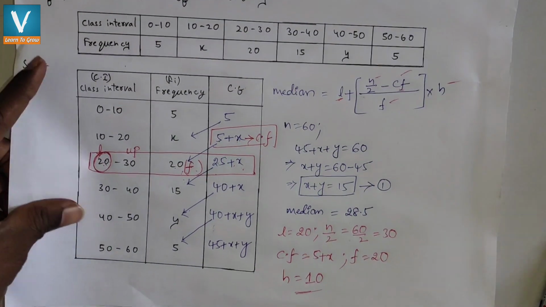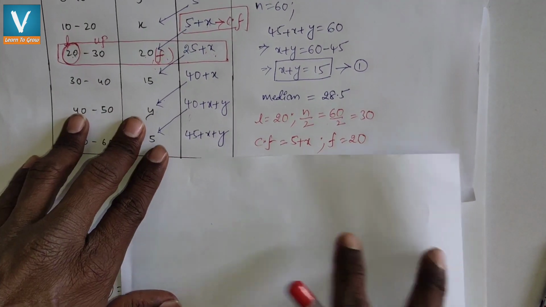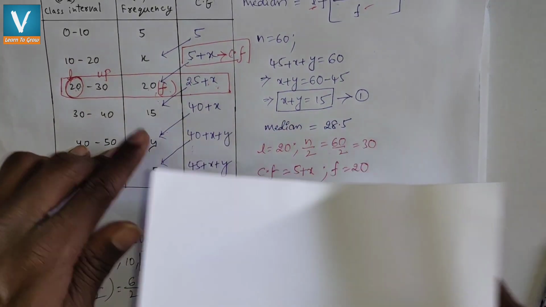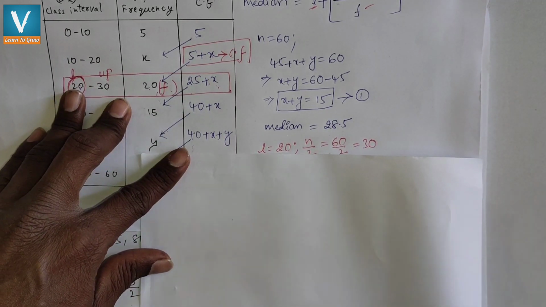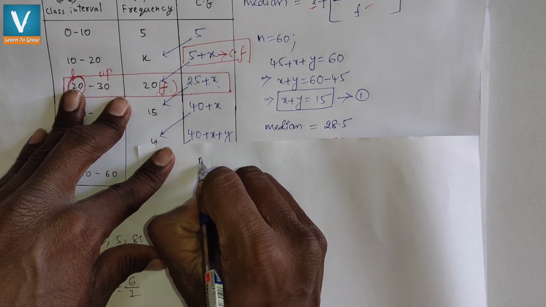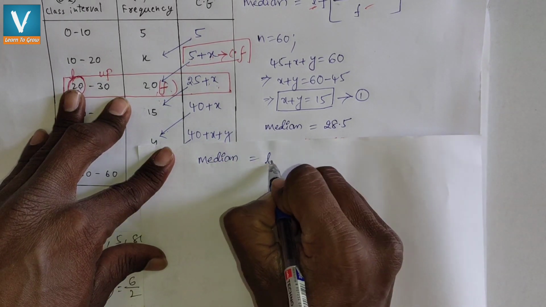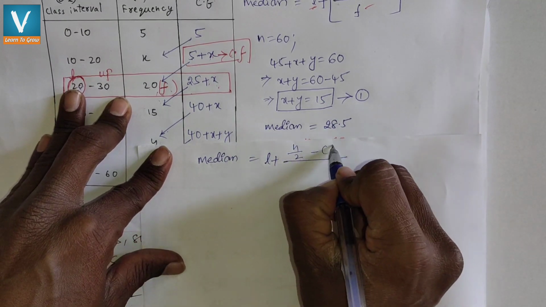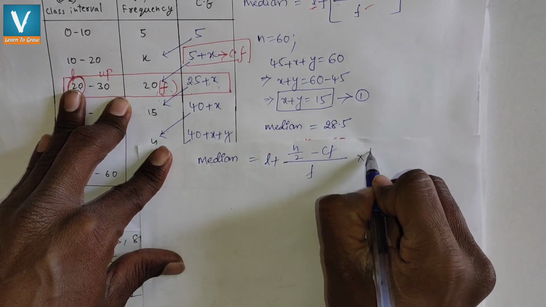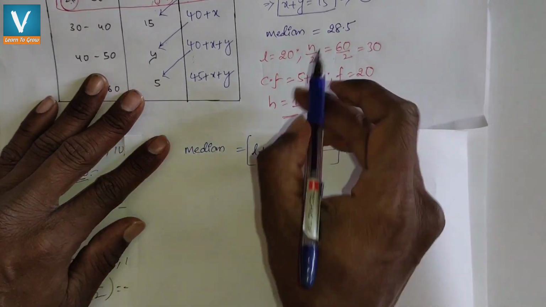Now check it carefully, everyone. Again I am writing the formula here: median equals L plus n by 2 minus CF by F into H. Now mentioning everything, see here carefully.